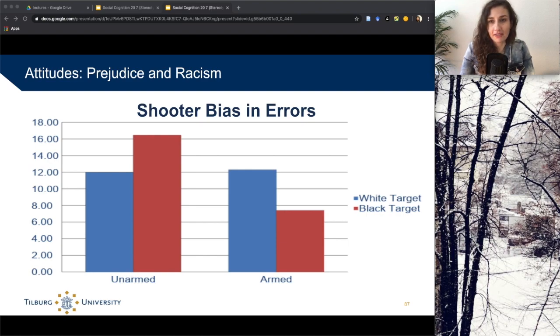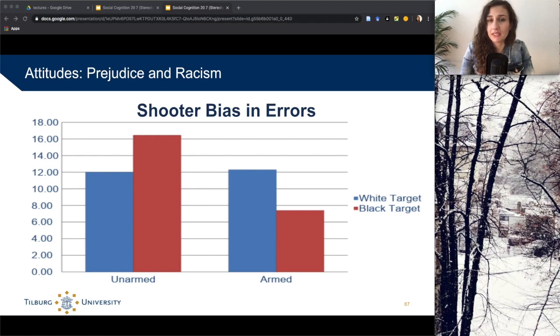For the white targets, the percentage of false alarms versus real misses was approximately equal, but black targets were both less likely to get the benefit of the doubt and more likely to be shot when it was actually the case that they should have been shot.